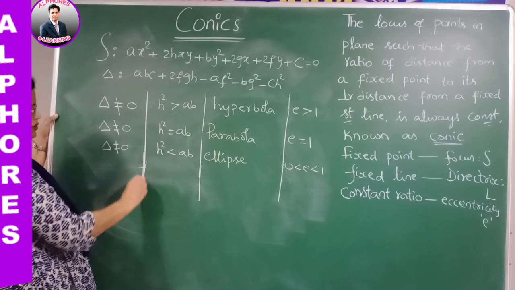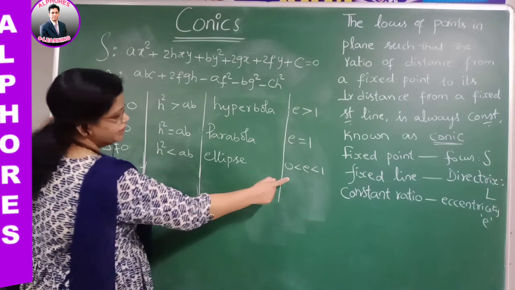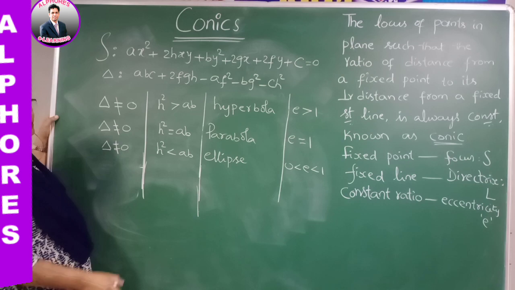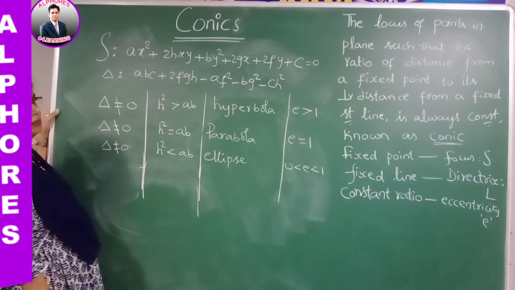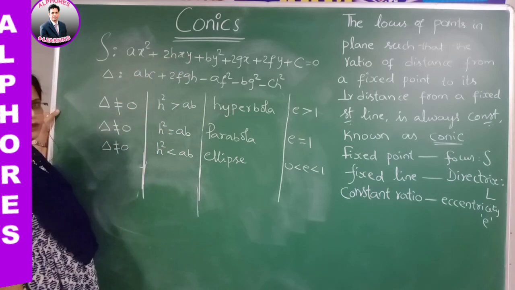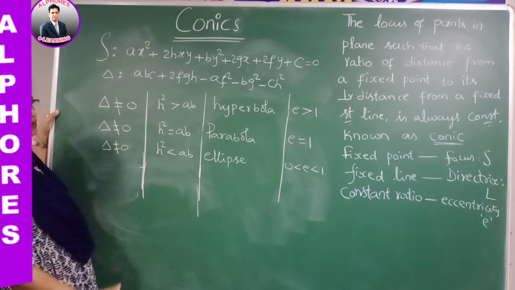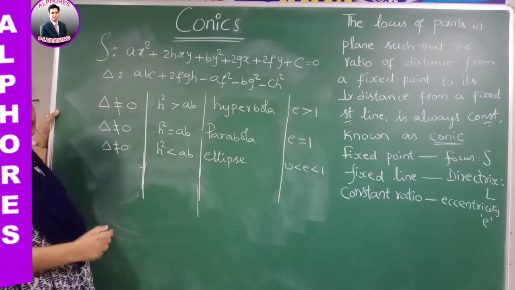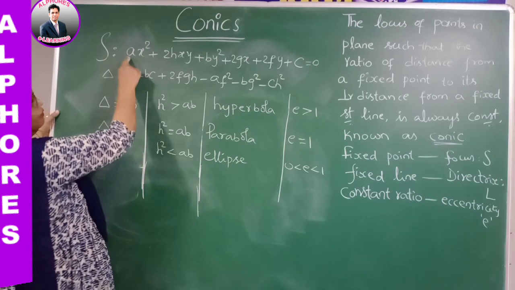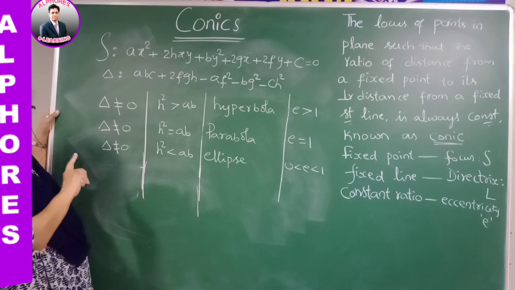And not only these, students, suppose delta is not equal to 0 and the eccentricity E equals 0, then under A equal to B and H equal to 0, clearly you can say the conic is nothing but a circle. So whenever E equals 0, A equals B and H equals 0, the conic is a circle.